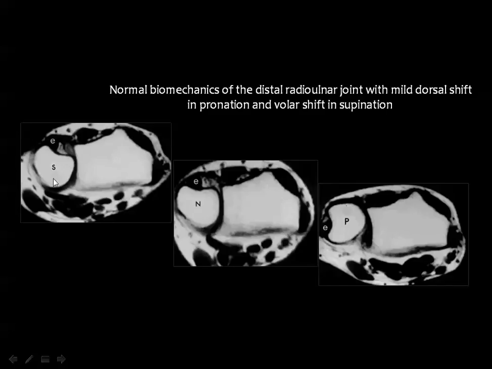In supination, the ulna will be displaced slightly towards the volar surface of the wrist, while in pronation, the ulna will be towards the dorsal aspect of the wrist. In the neutral position, the ulna will fit directly into the sigmoid notch. So, before interpreting a certain pathology in the distal radioulnar joint, you should know the way by which the patient was examined.